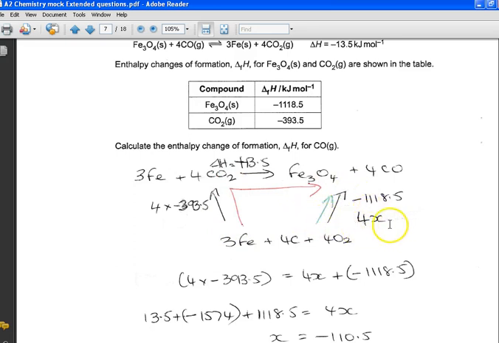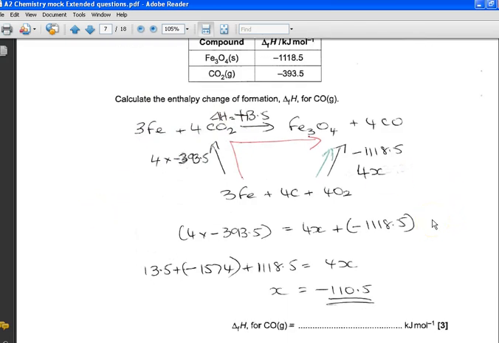As long as you put the numbers on the right side, then you can write your equation properly. Don't forget you've got 4 carbon monoxide, so that's 4x. That's your unknown. And then this data here, 4 times CO2. No enthalpy change of formation of iron because we don't form elements. And that's it. And then it's pretty straightforward calculation. Just get X on its own.